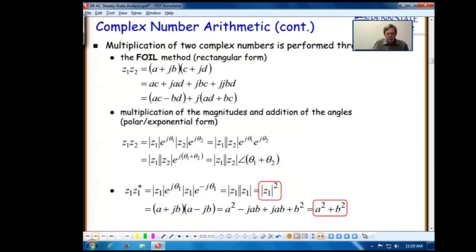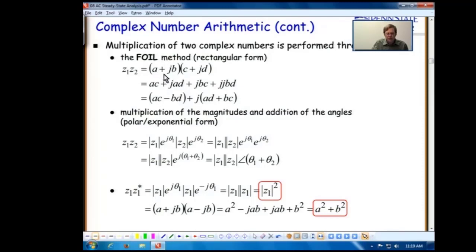So if we're going to multiply these two complex numbers, z1 times z2, and z1 is a plus jb, and z2 is c plus jd, it's like multiplying an algebraic expression. You can use what's called the FOIL method: first, outer, inner, last.